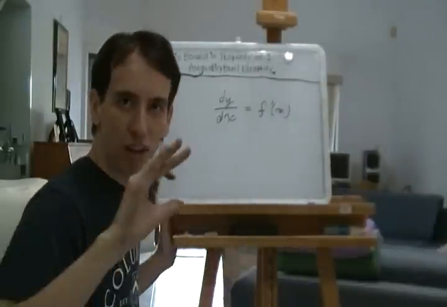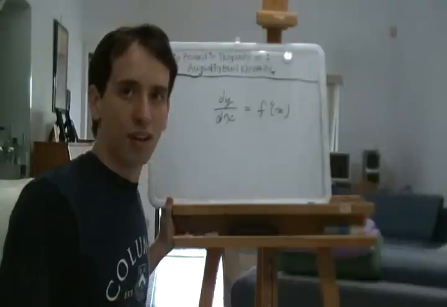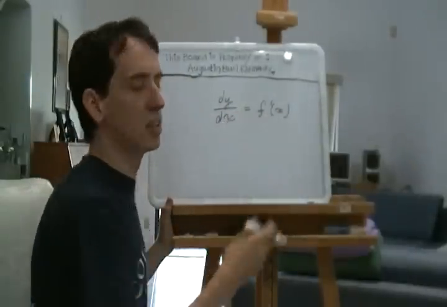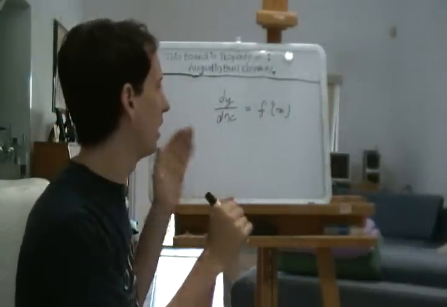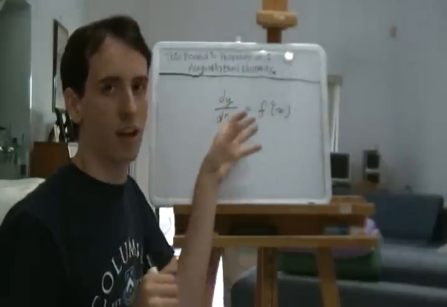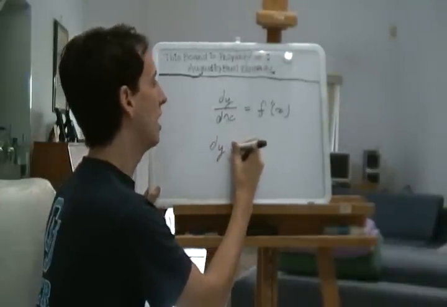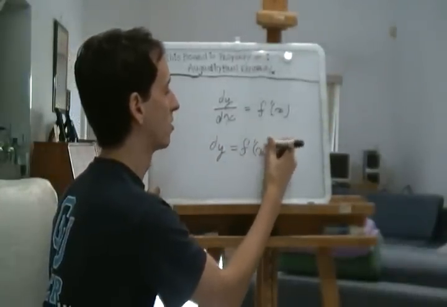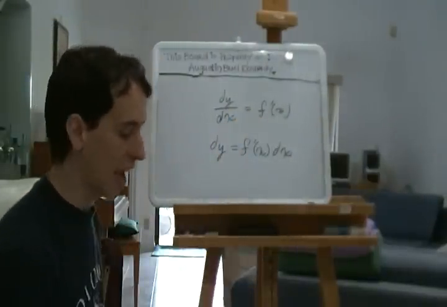Hopefully you remember that. I wrote down all the different types of notation. Well, therefore, this isn't just saying that these two things are equal. It's literally saying that these two things are equal. In other words, dy dx equals f prime x. In other words, dy equals f prime x dx. Multiply both sides by dx.